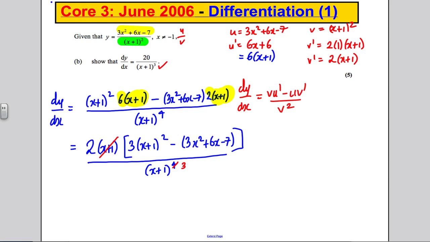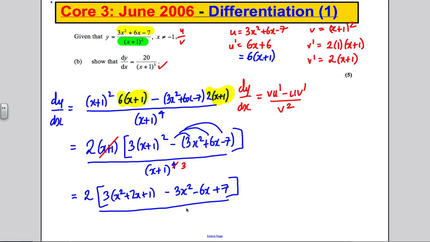Let's see if we can tidy up the top to make it equal to 20. So the 2's still there. If we expand this out here, x plus 1 squared multiplied by 3, so it would be 3x squared plus 6x plus 3, subtract, let's multiply out the minus 1 there. Subtract 3x squared, subtract 6x, and plus 7, all over x plus 1 cubed.